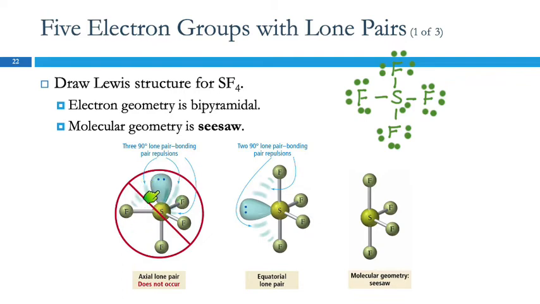This axial position is not where it has the most space because here it has 90-degree angles with 3 bonding pairs. When we put it in the equatorial position, now it has 90-degree angles with 2 bonding pairs and 120-degree angles with the other 2. So there's more space.